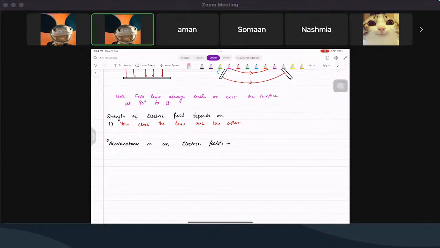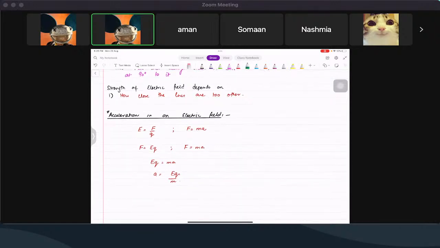So we know that electric field strength is given by force per unit charge, and force is given by mass times acceleration. So these are the two formulas we know. We can write this as F equals E times Q, and this says F equals ma. So we can equate these two. So EQ will be equal to ma. So a will be equal to EQ upon m, and that's a simple one.